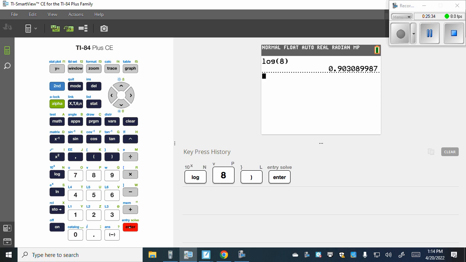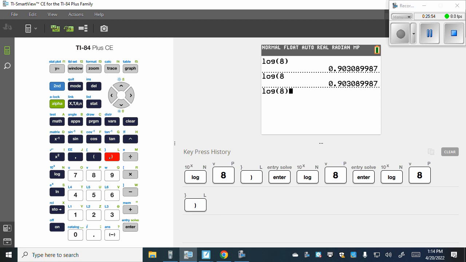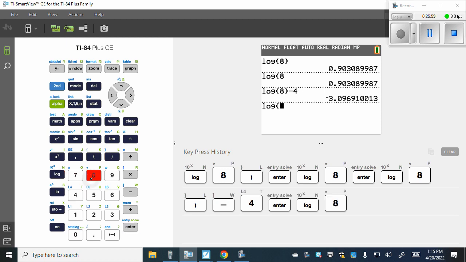And if we're going to 3 decimal places, it doesn't matter as long as we don't have something after it, because if we're looking at, say, log of 8 in parentheses minus 4, then it'll make a difference. Log of 8 minus 4 without the parentheses will give us a different value, because the second one is seeing 8 minus 4 and doing that first.